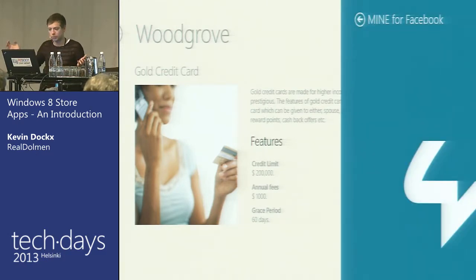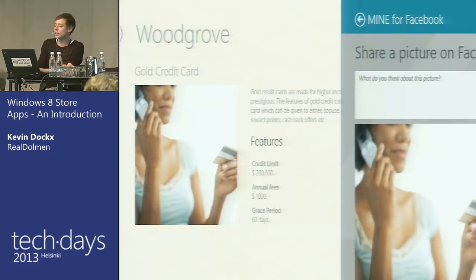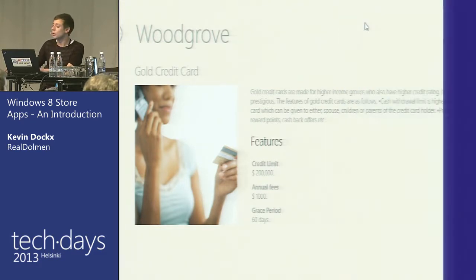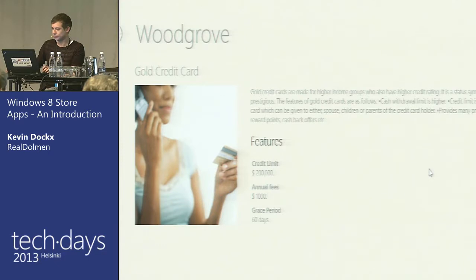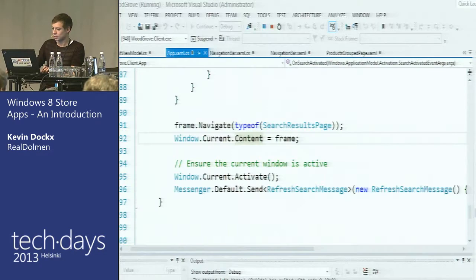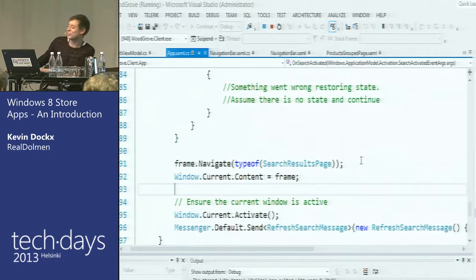So if you use one of those apps, you can use this picture to share on Facebook, or you can use any of the other apps. There's no internet. Gonna be a bit of a problem without internet. Okay, there we go.